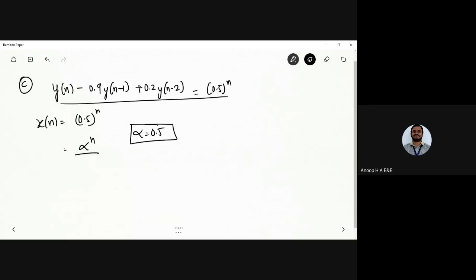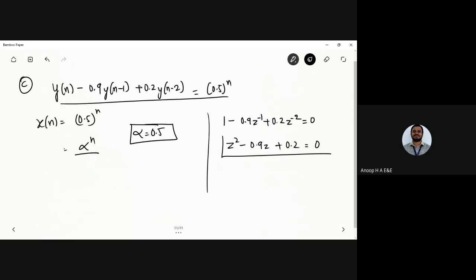Now I can have the characteristic equation in a similar manner. If alpha power n comes into the picture, you need to write the characteristic equation: 1 minus 0.9 z power minus 1 plus 0.2 z power minus 2 equal to 0, that is z square minus 0.9 z plus 0.2 equal to 0.